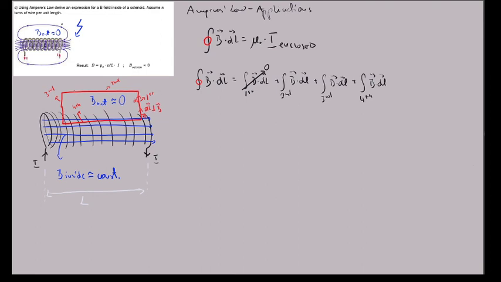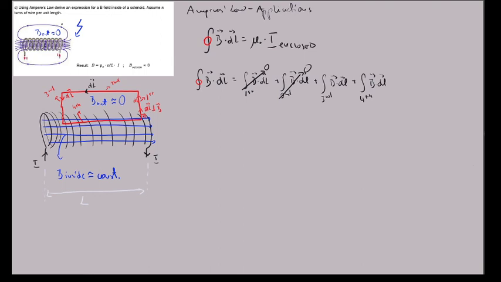Now along the second part here, all of these little elements dl multiplied by the magnetic field would amount to 0, because the magnetic field here is approximated to be 0. So from the second one, I get 0. From the third one, this is the same story as with the first segment of the loop. If I take a segment of the loop here, call this dl, I would be multiplying this little dl times the magnetic field on the outside, which is 0, so that's going to give me 0.